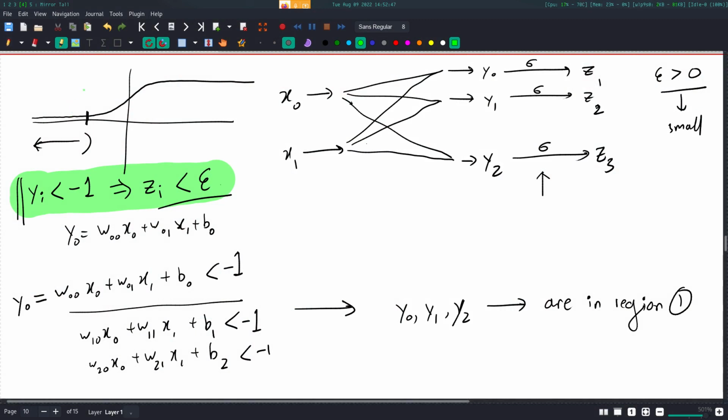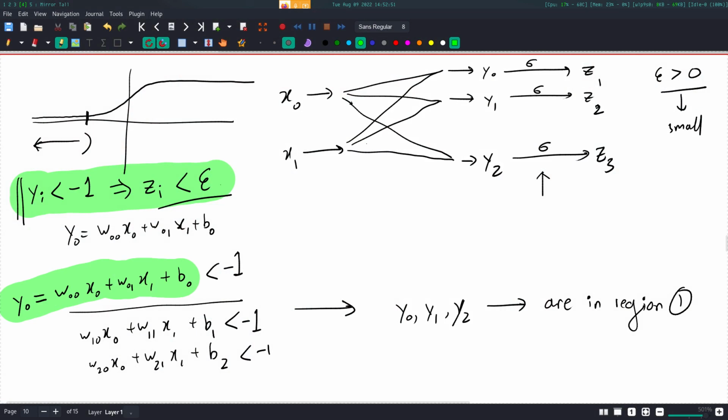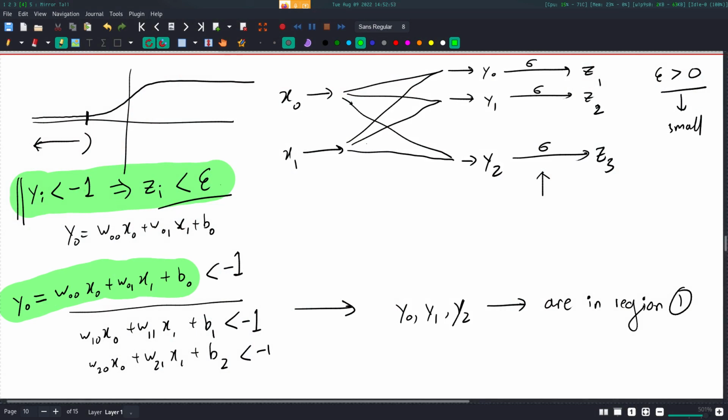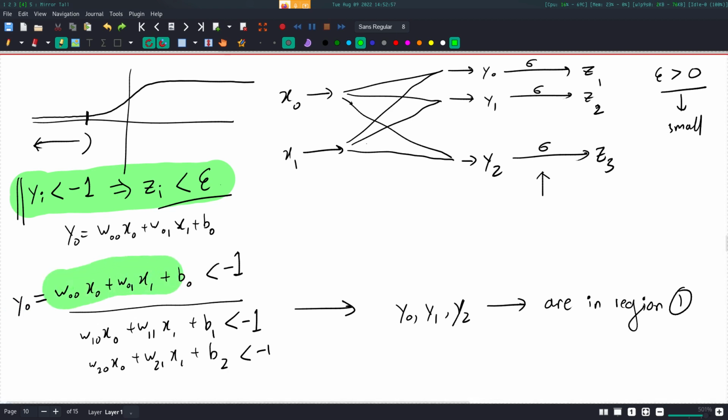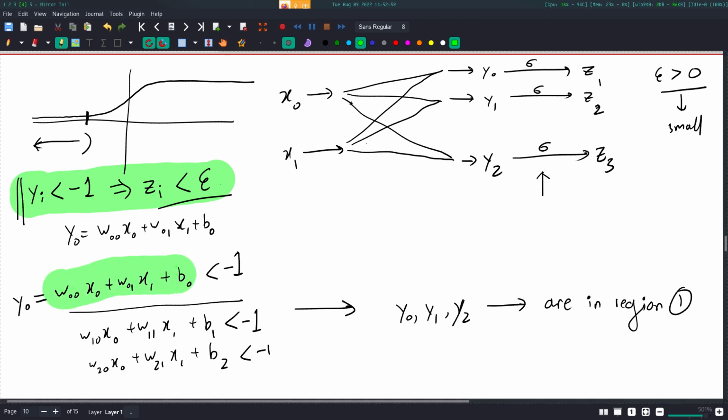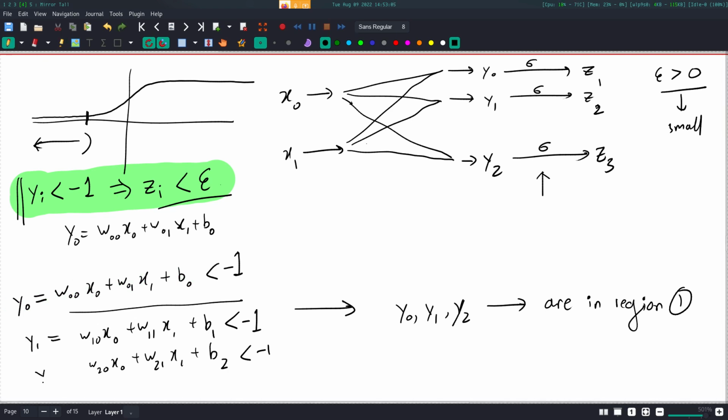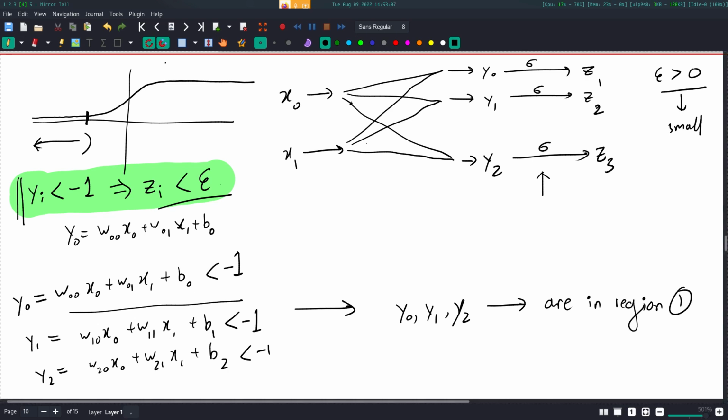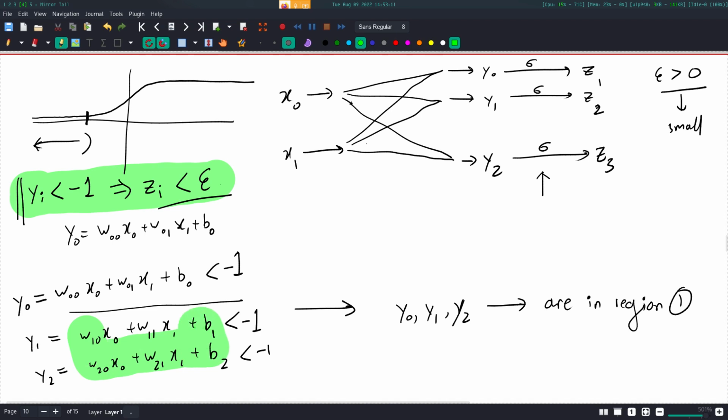So what we know is that y0 is again going to be some expression like this, and we had the condition that y0 is less than minus 1, so that translates to this particular expression involving x0 and x1 being less than minus 1. You can now repeat the same thing for y1 and for y2, and you'll get again some conditions on x0 and x1, all of them being less than minus 1, right?